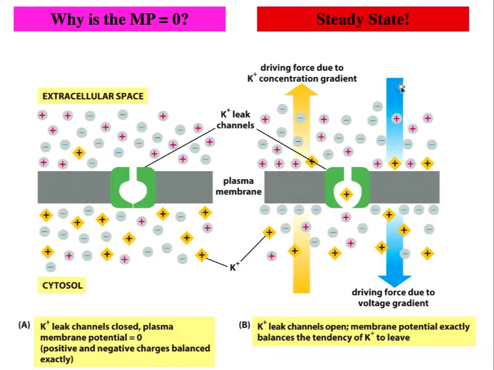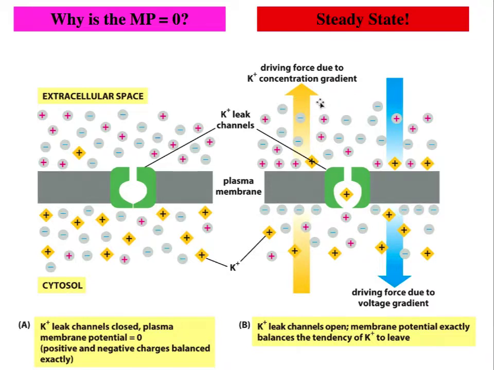This is the force of the extra total charge outside the cell being highly positive, and that's due to sodium and many other types of positive charge. And that opposes further positive charge from joining them. So the blue arrow and the yellow arrow are fighting each other.